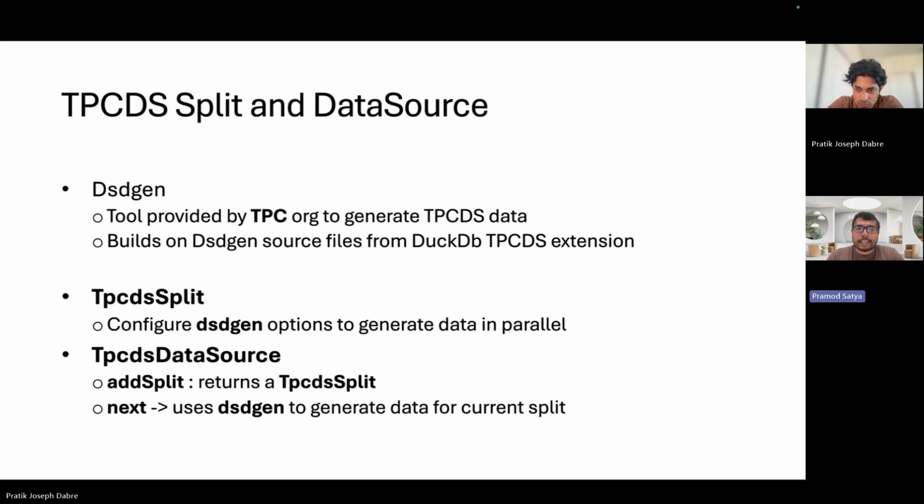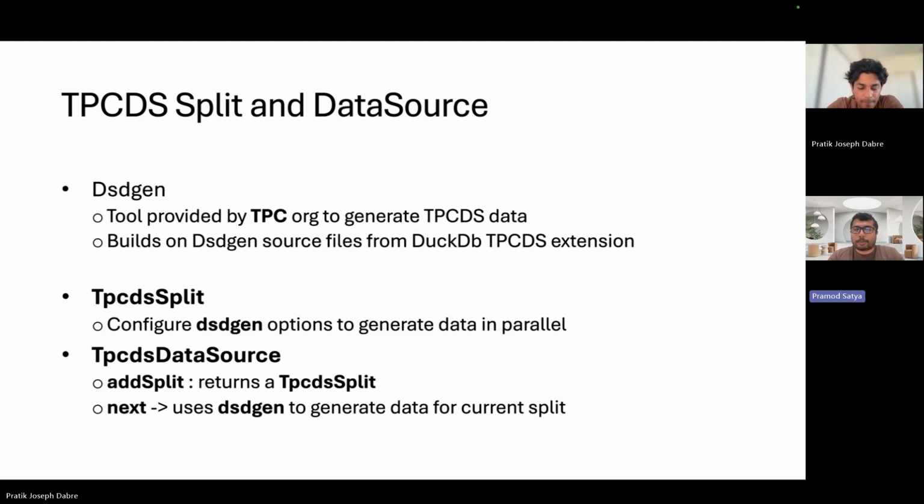Now, coming back to data generation in Velox with the TPCDS connector, as we saw before, the create data source API is implemented in the TPCDS connector, and it returns a TPCDS data source. The table scan operator will first call the add split API in the TPCDS data source, and it will get a TPCDS split.